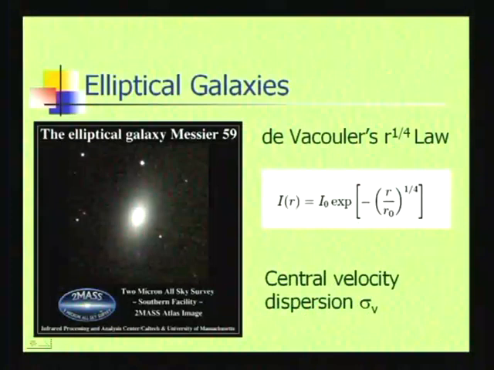Now, another thing that we need about this elliptical galaxy is that the stars in this elliptical galaxy have random motions, and the galaxy is supported against collapsing because of the random motions of these stars.